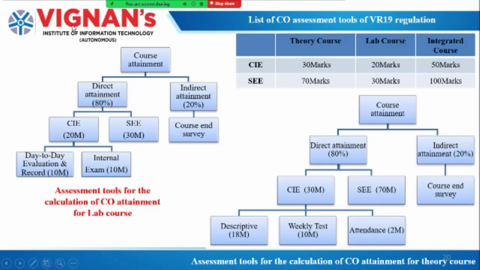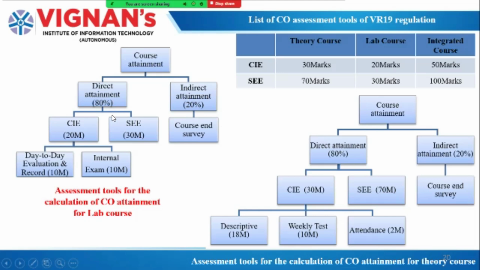So observe the flow chart for theory courses. Under course attainment, we have direct attainment with 80% weightage and indirect attainment with 20% weightage. In direct attainment, you have to measure through CAE and SEE.